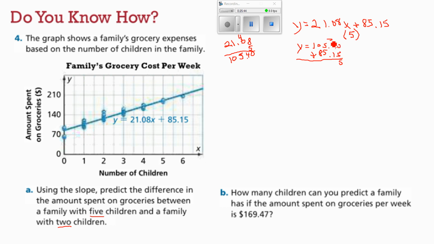I have to borrow 1 here for me to have 10 over here. 3 minus 1 is 2. 5 minus 5 is 0. 10 minus 8 is 2. That is $20.25. That's the difference. Oh, excuse me.